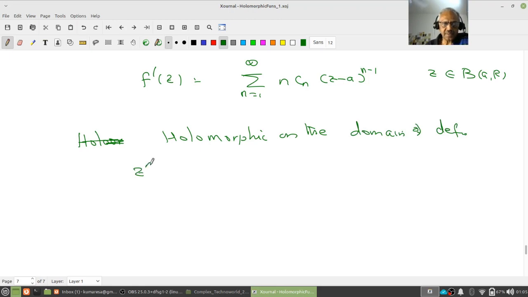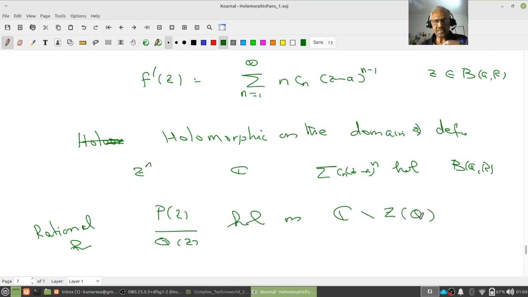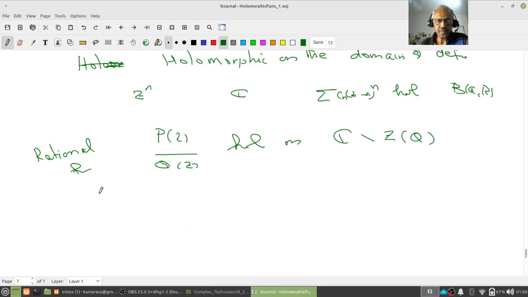For example, z power n is holomorphic on C, and the power series in z minus a to the power n is holomorphic on its disk of convergence, and the rational function p of z by q of z, this is called a rational function, is holomorphic on C minus the zero set of q, that is the set of points z such that q of z equals 0. Remove that. This is an open set, on that it's holomorphic, right?